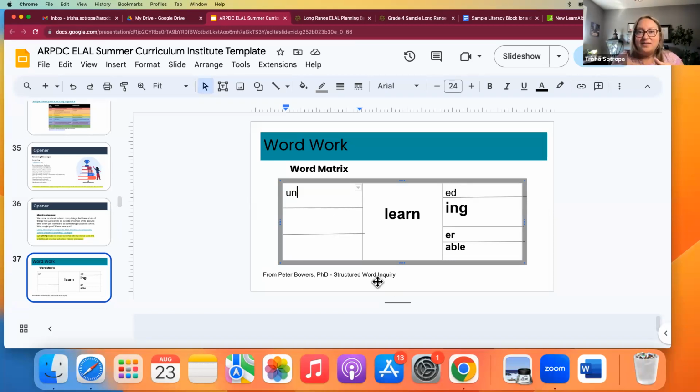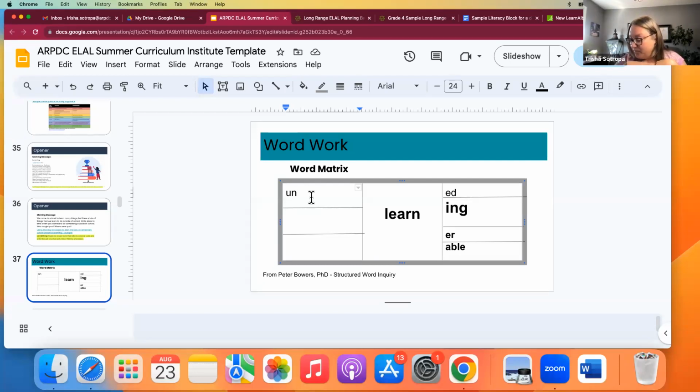And all the while, I didn't say this, we should be writing down the new words that we're creating. So somewhere have a list of all the words we're developing. So we would have learned, learning, learner, learnable, and then we would come to unlearnable.